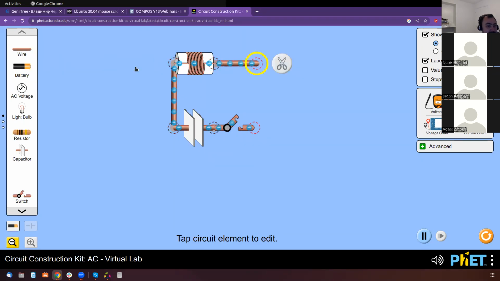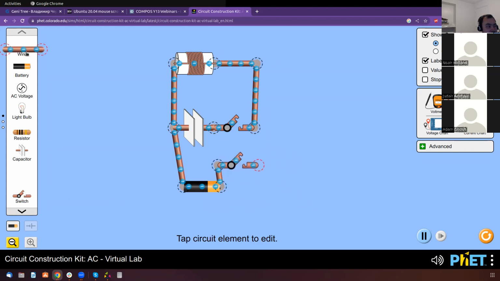We need to charge the capacitor, of course, and for this, we use a battery. Okay, we'll use a switch to charge the capacitor.